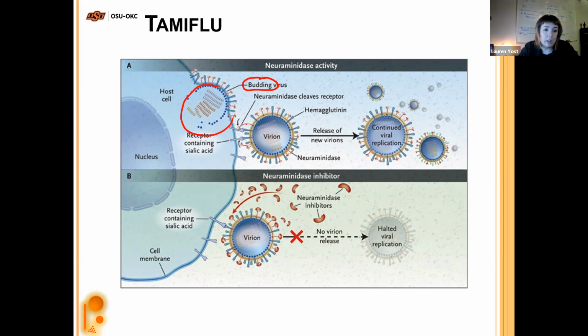Now, normally, neuraminidase will come in and cleave that off to release the virion, but Tamiflu and similar medications will come in with their inhibitor action and make it so that they can't cleave off that connection. So they stay stuck. If they stay stuck, they can't go and infect another cell. That's how those medications work.